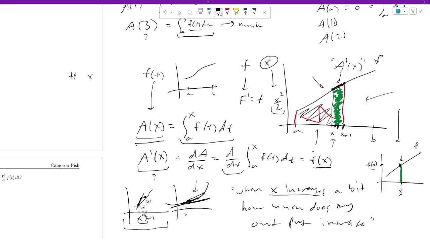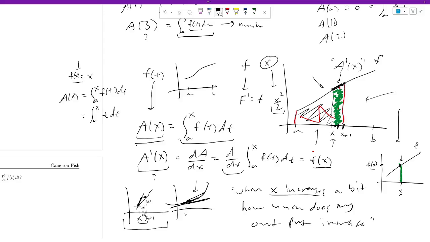If my f of x is just x, and you say I want an antiderivative for this, I'll say, okay, here you go. Capital A with that guy, integrate from a to x, f of t dt, but in this case we know what f is, so I'm going to put a t here.